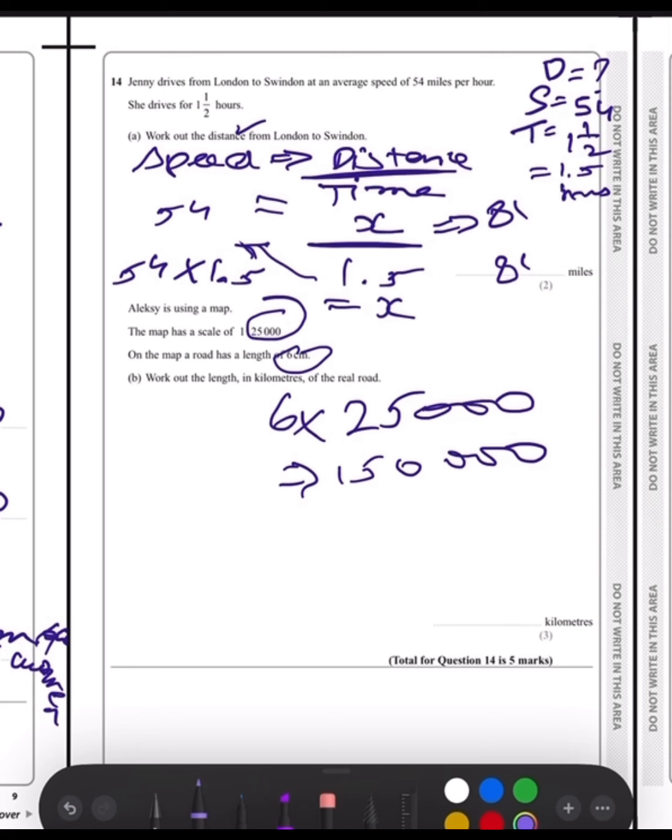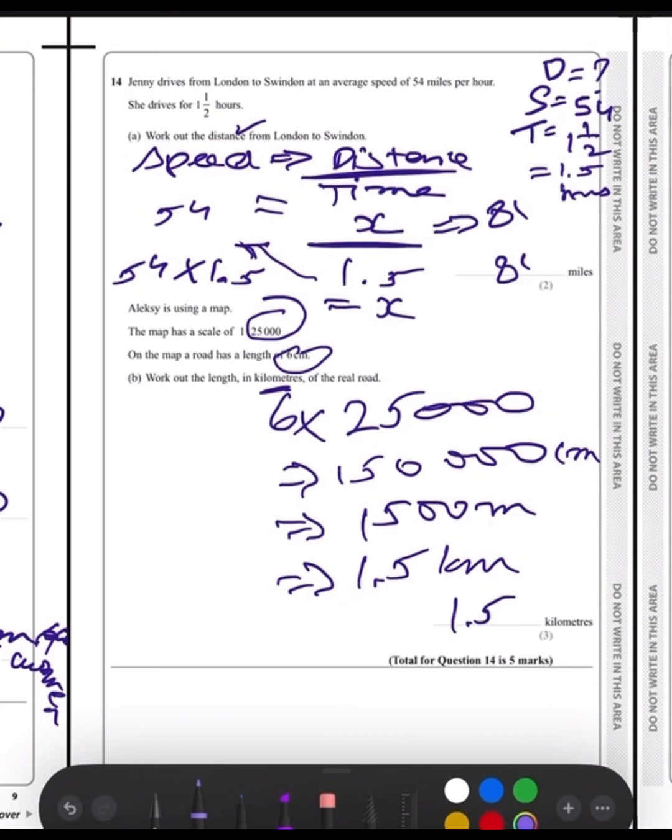And then, because we got this answer in centimeters, we convert it into kilometers because they've asked us for kilometers. An easier way is to firstly convert it into meters, then convert it into kilometers, and that will be your answer.